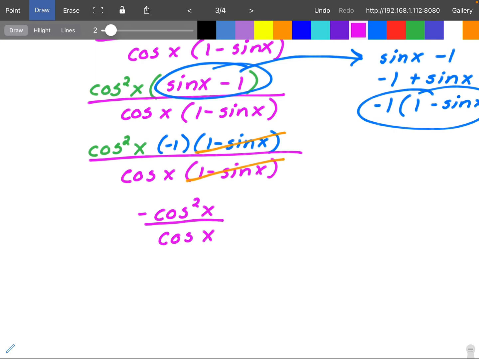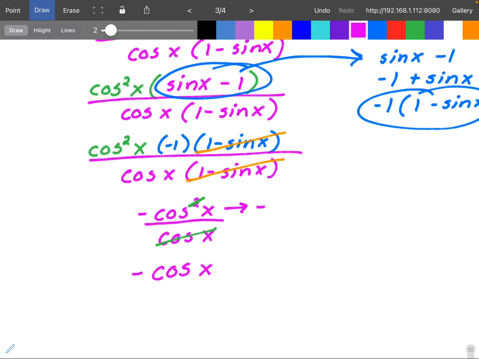However, be careful. The numerator is technically cosine times cosine. There are two of them there. That's what squared means. So this cosine on the bottom will cancel with one of the cosines on the top and leave you with just cosine x, and don't lose your negative.